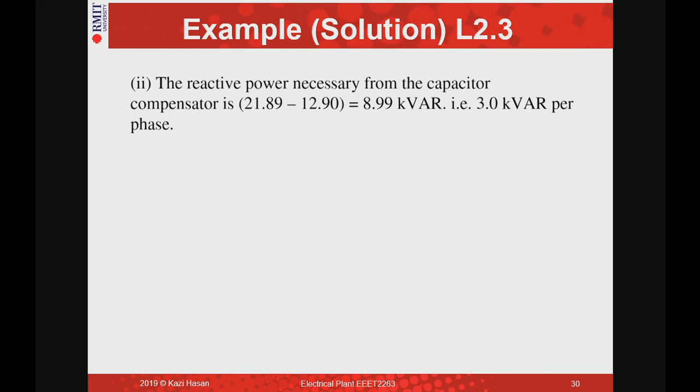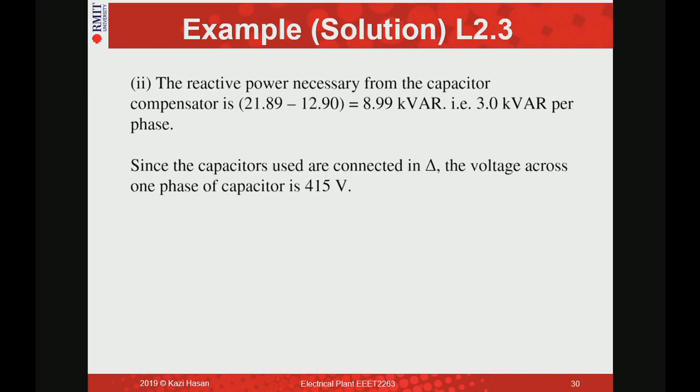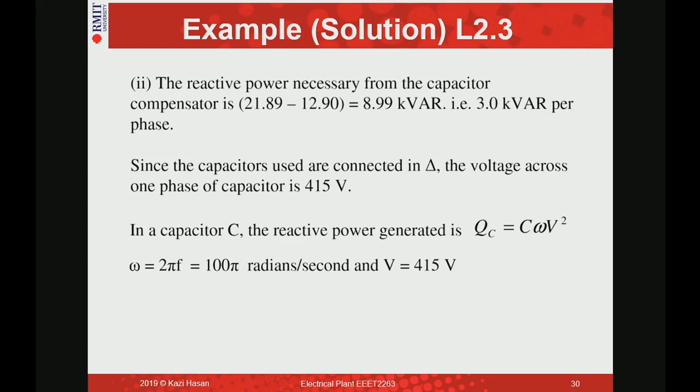Because it is close to 9, and that is for a three-phase system, it says that you need 3 kilovar per phase. And the equation to calculate the required capacitance, we can obtain from this formula.